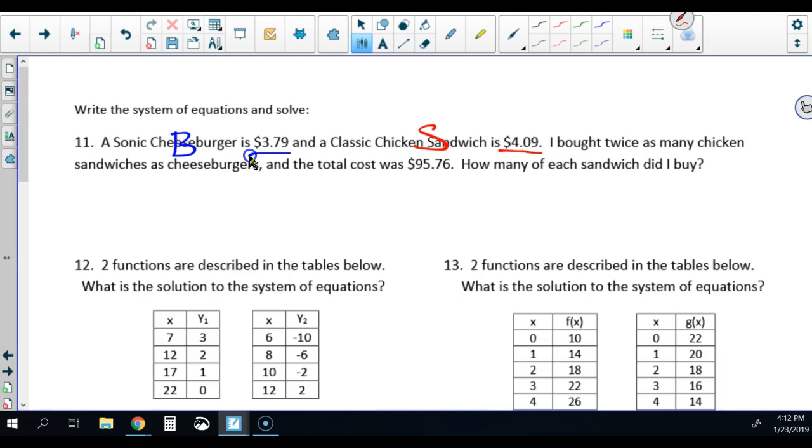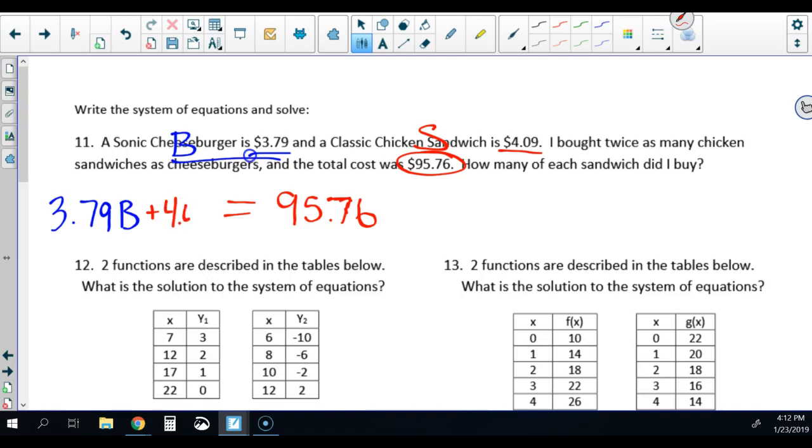I know that my total cost was $95.76. So something is going to equal $95.76. Well, I spent money on the burgers. That was $3.79 each. So 3.79 times B, plus, I spent money on the chicken sandwiches.